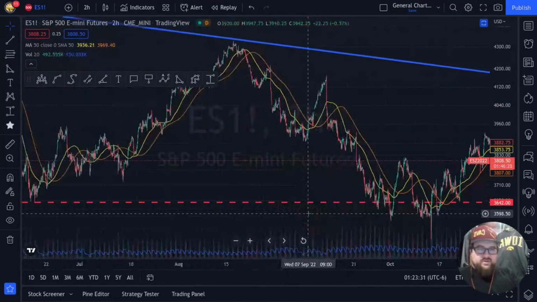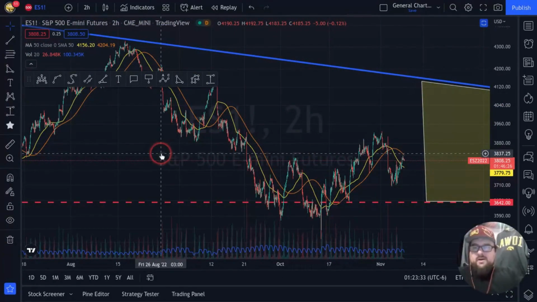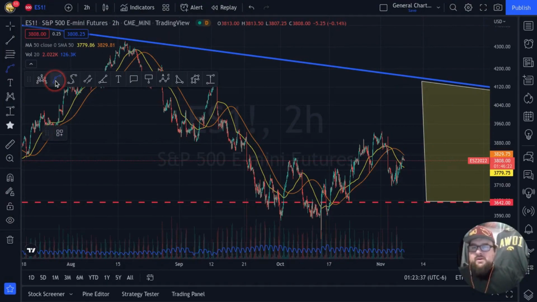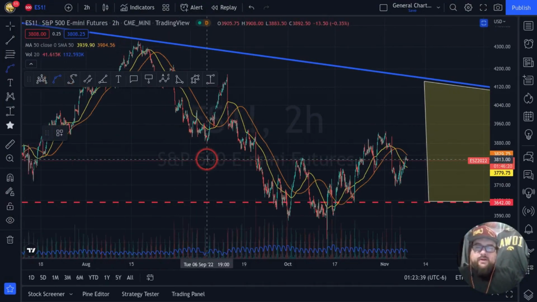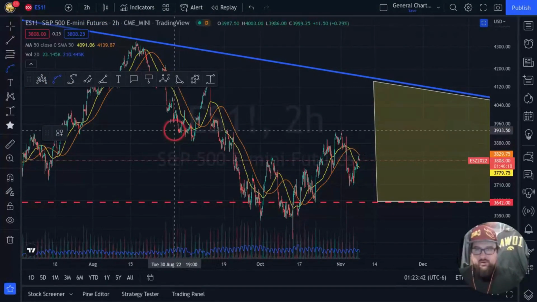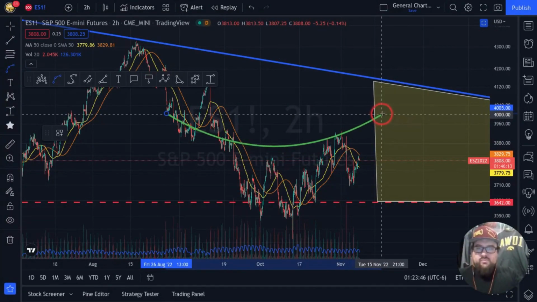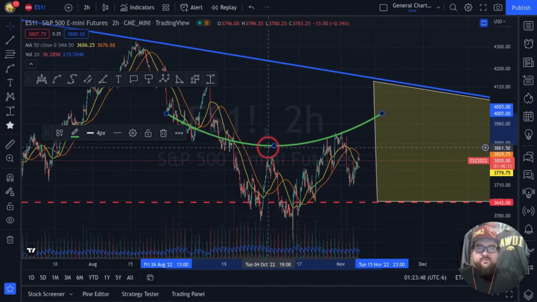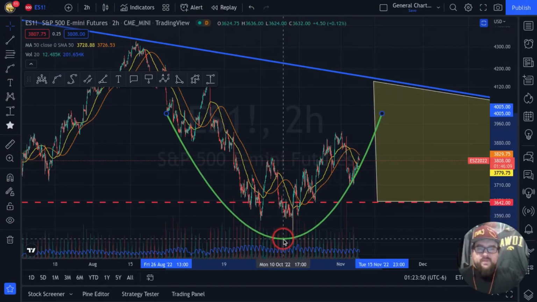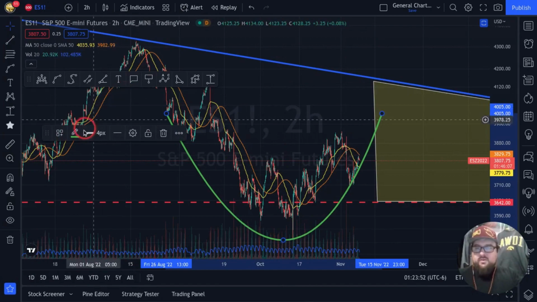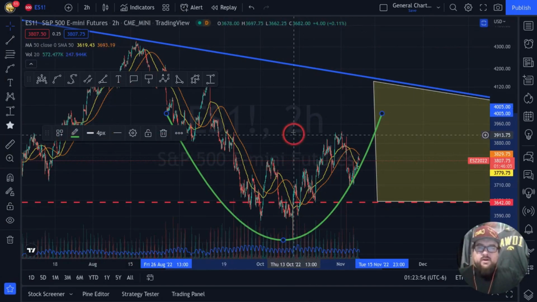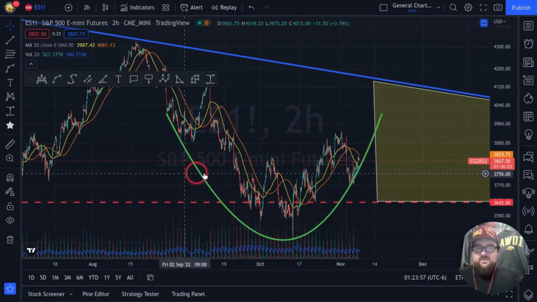So actually this is a perfect segue into our next type of tool here, which is the curved line. The curved line is defined by more points. So we have 3 points on the curve, and we're looking at the green one because that looks like a positive reversal.